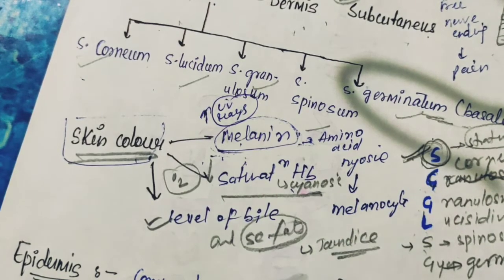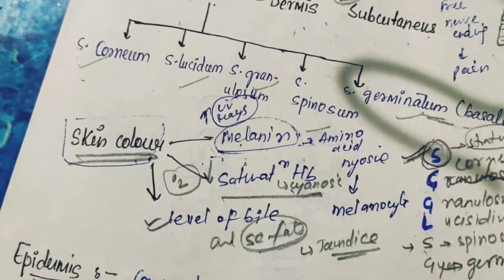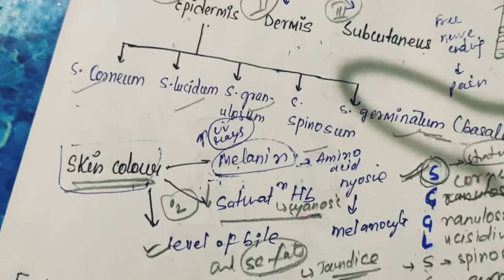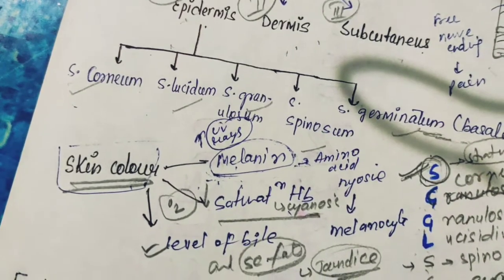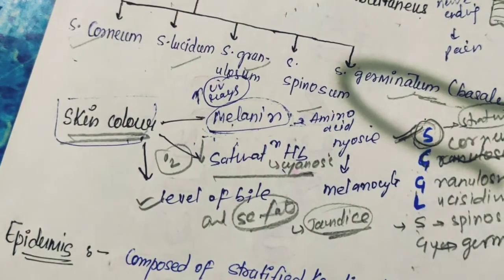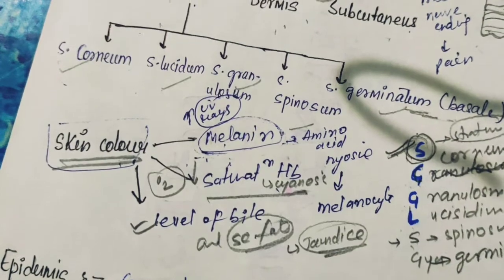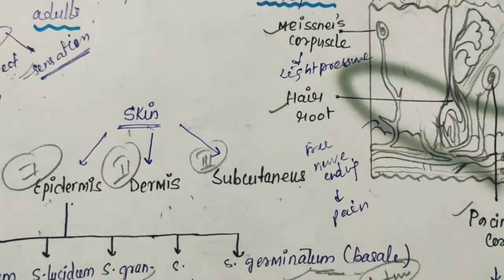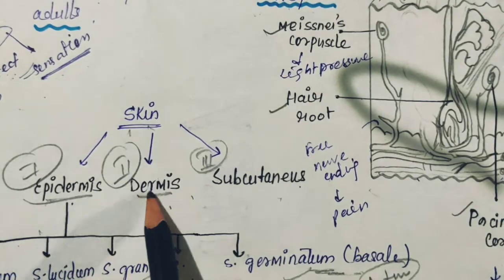Why? Because there is an excessive level of bile pigments. That causes jaundice, and the major manifestation of jaundice is a yellowish color. Now let me talk about what all three layers do: epidermis, dermis, and subcutaneous.